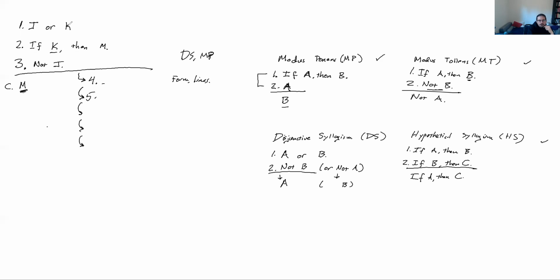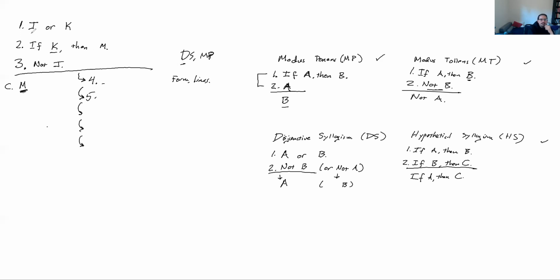But there's nowhere in this argument that tells us K is true, not immediately. In order to use modus ponens on line 2, first we have to establish that K is true. And for that, we want to use disjunctive syllogism.